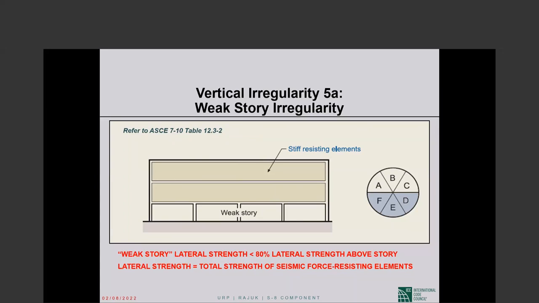It's not 'and'. The second line is what I just told you. Lateral strength is the total strength of seismic force resisting elements. So weak story means lateral strength is less than 80% of the lateral strength of the story above.